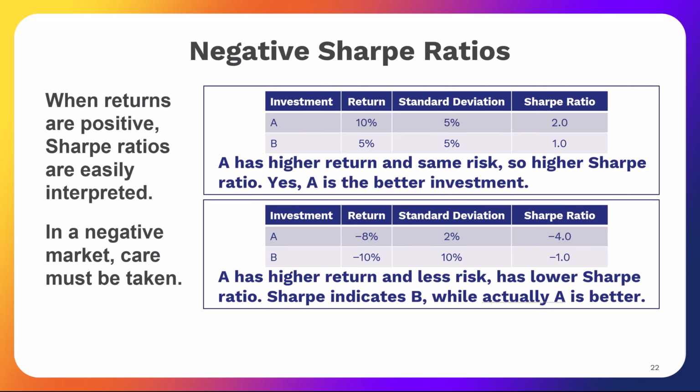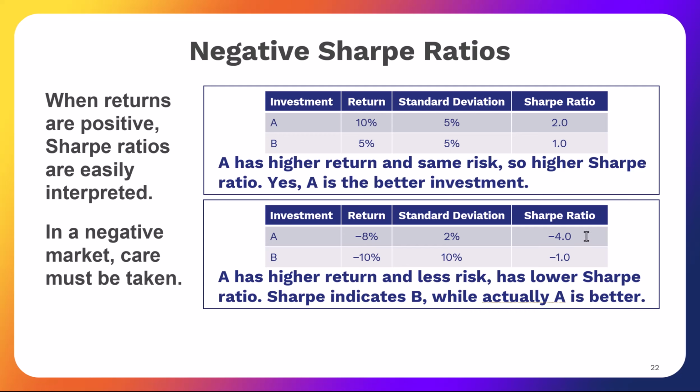One other aspect that we need to be concerned about is when the data doesn't give us real good numbers, right? When it gives us things that should concern us. So when returns are positive, Sharpe ratios are very easily interpreted, right? Higher Sharpe ratio means better investment. But what if it's negative, right? If A here has the higher return, -8 is higher than -10, but because of that, it also has less risk.